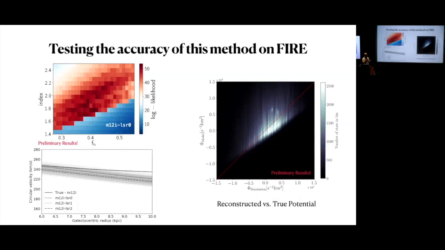But basically, we can use whatever we want for the potential model. We tested that idea, and the circular velocity that we got was also consistent. That is just the qualitative result of the reconstructed potential and the true potential of the simulation.